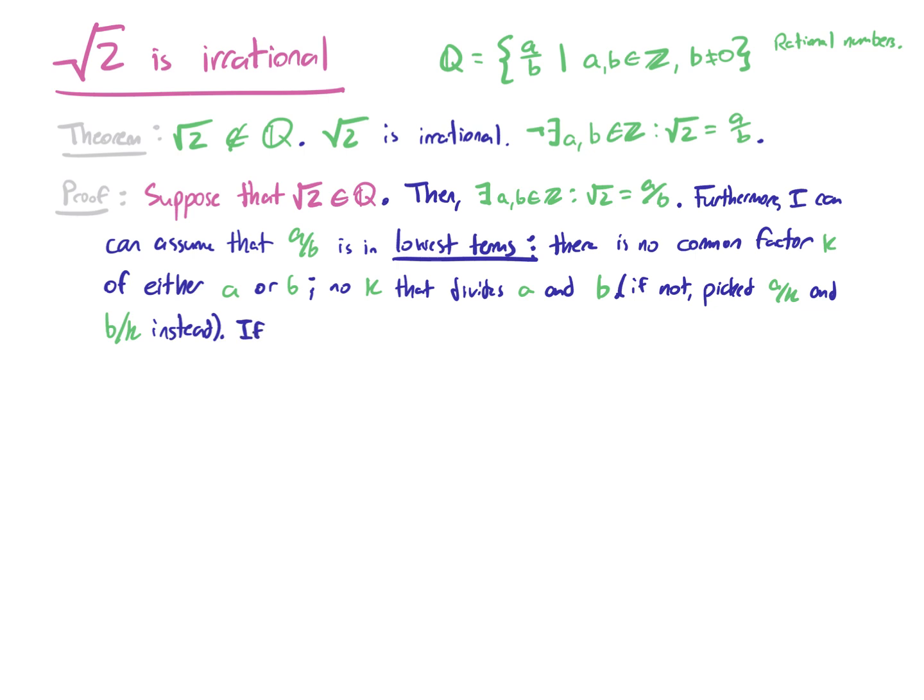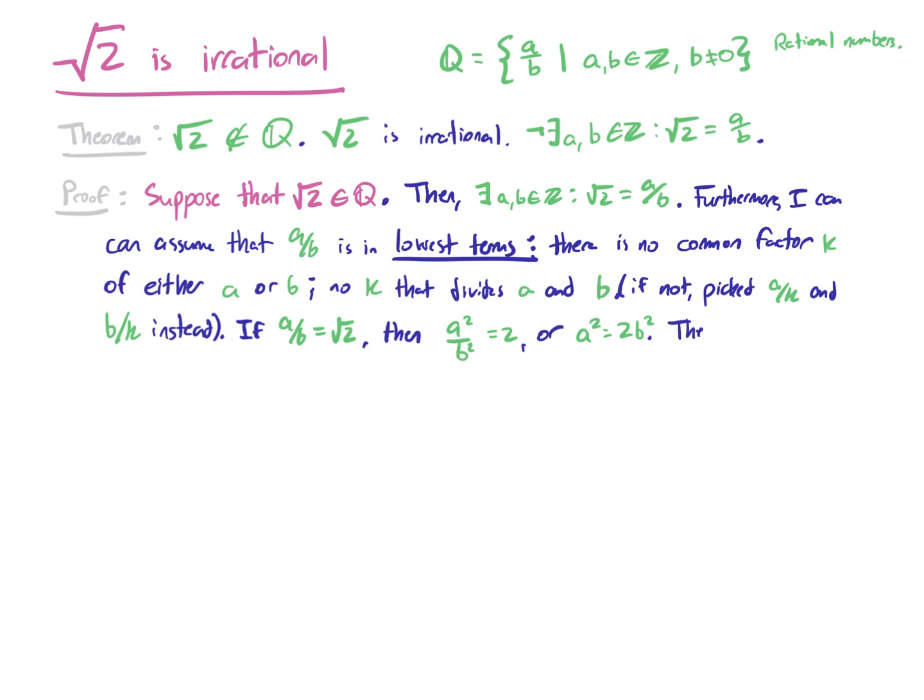If a over b is equal to the square root of 2, then it must be the case that if I square both sides, I'll get a squared over b squared equals 2. Or if I just rearrange this, a squared equals 2b squared.